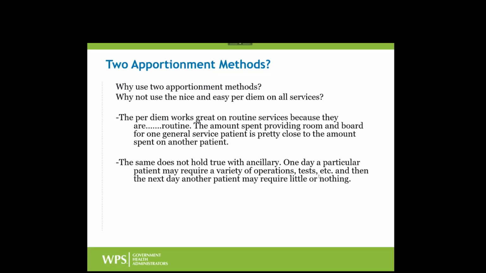For example, one day with ancillary, a particular patient on day one, let's say, may not have a whole lot going on. They're in the room. They're just getting ready for some of the services that they might need. Day two, all of a sudden, they have a lot of operations, a lot of lab, drugs, things like that. So ancillary does not work on a day-to-day basis. It works on a service charge by service charge basis.